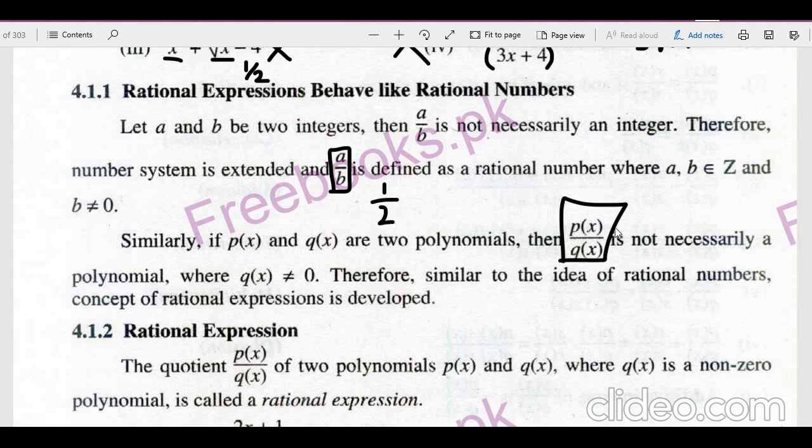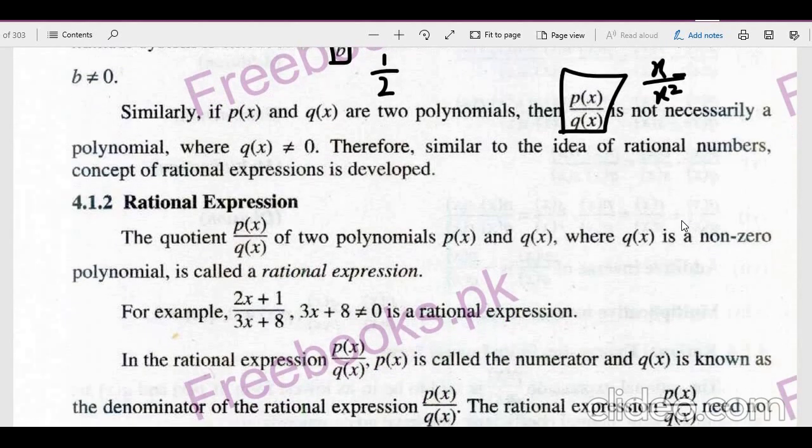But if I write x by x square, then it's a rational expression. If we write algebraic expressions in rational form, then it becomes a rational expression.